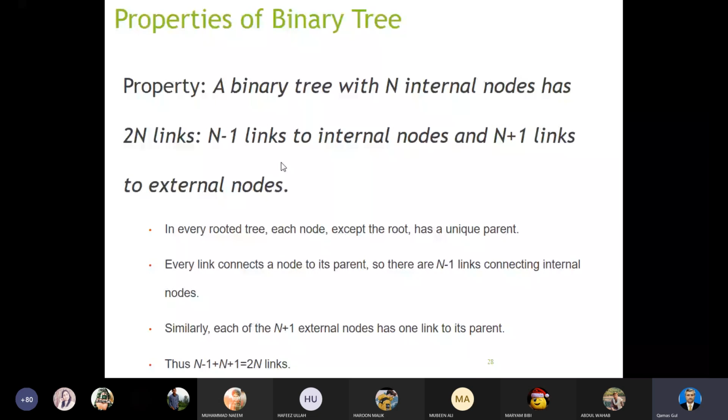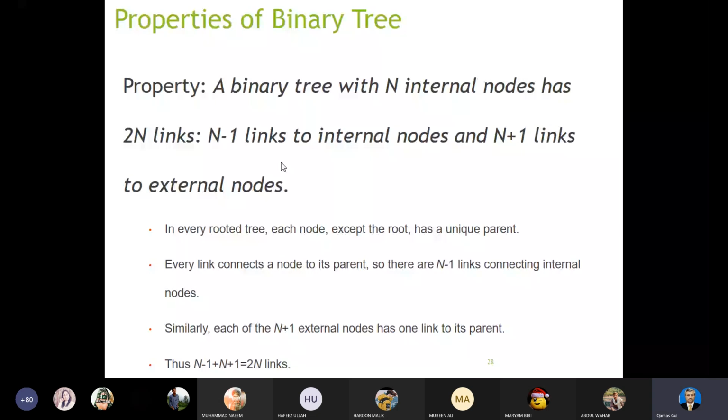The root is the grandparent node, you can say, because it is the starting point of the tree. So it is not being connected. That's why we say n minus 1 links connect to internal nodes. This is because the root is not connected to its predecessor.